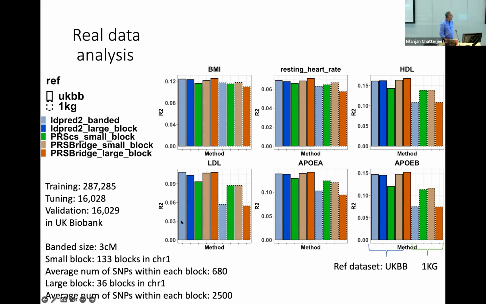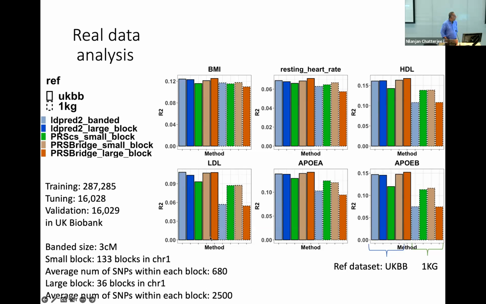And then there are 3 methods we are comparing. One is LDpred, in two versions, whether with the banded or blocked LD matrix; PRS-CS, which is the continuous shrinkage prior; and PRS-bridge, which is based on the bridge prior.